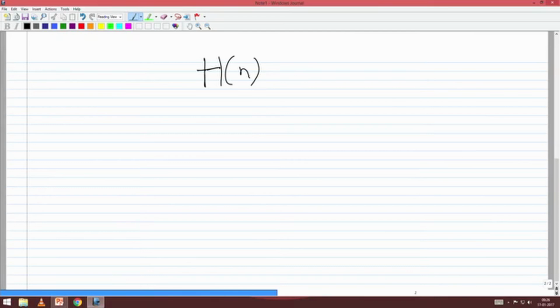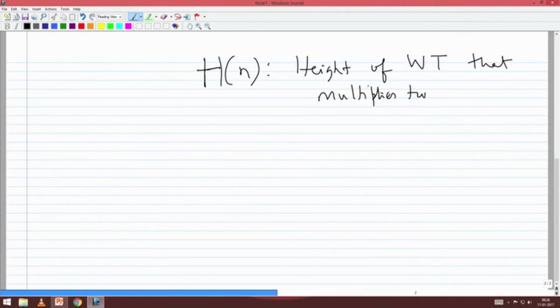Let hn denote the height of a tree which multiplies 2 n-bit numbers. So hn is height of Wallace tree, let's just say WT, that multiplies two n bit numbers.